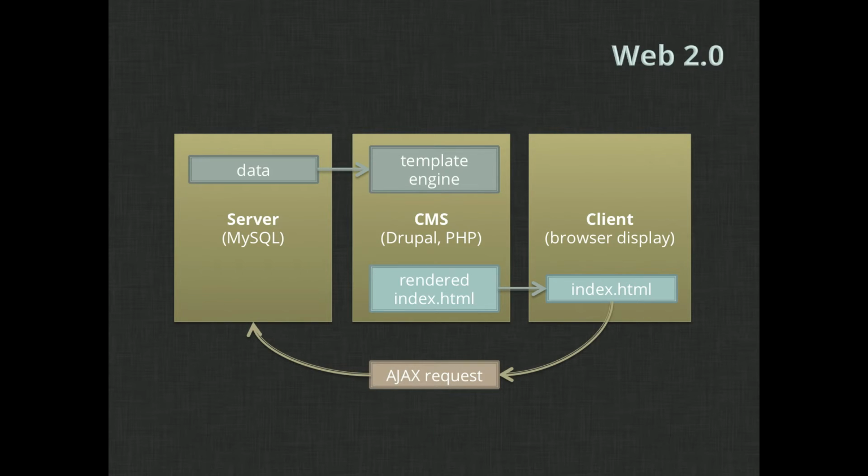Now, in the early to mid 2000s, we had a big shift in how the web really worked from an application standpoint. And this really came about because of the phenomenon of AJAX, or asynchronous JavaScript and XML, which is kind of a misnomer these days.